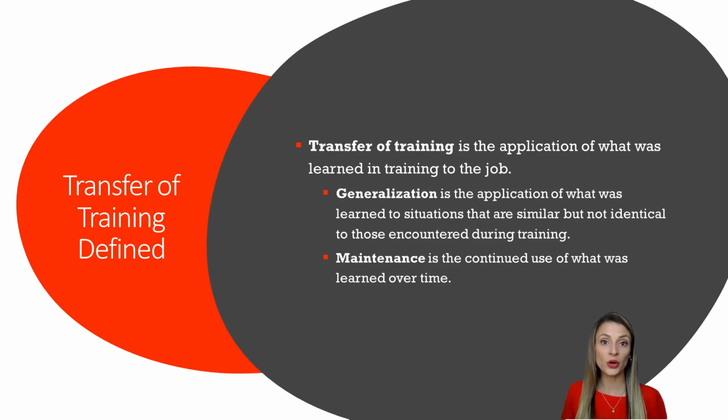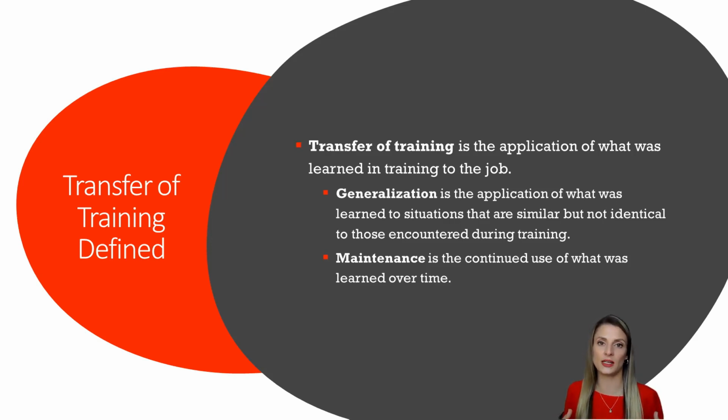There are two important goals when it comes to transfer of training: generalization and maintenance. Generalization occurs when trainees apply information from the training environment to a work environment that is similar to, but not identical to, the training environment, which is the case for many people.